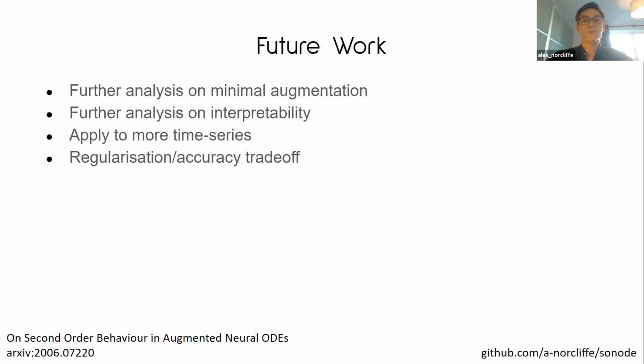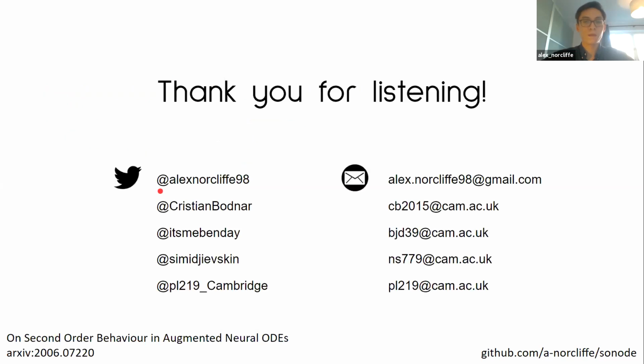You don't want it to move much, but you don't care what the intermediate trajectory is, because you only care about the end point. So it'd be interesting to see what sorts of regularization techniques could be used when you're looking at a time series, because you want your trajectory to be correct as well. You don't want it to just be straight lines. But yeah, that's potential future work that could be done.